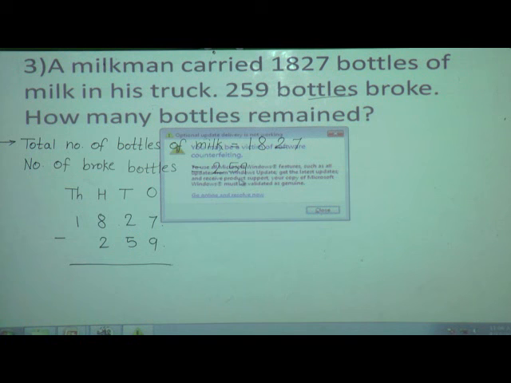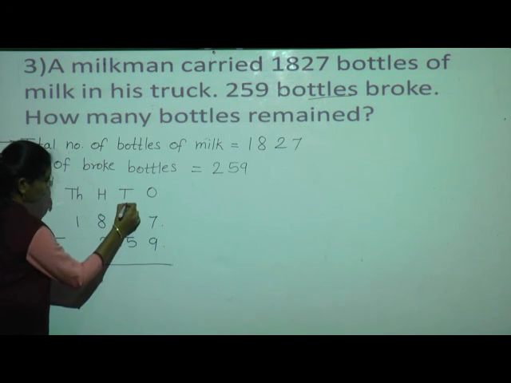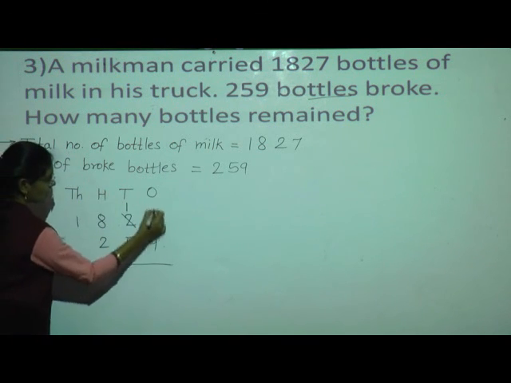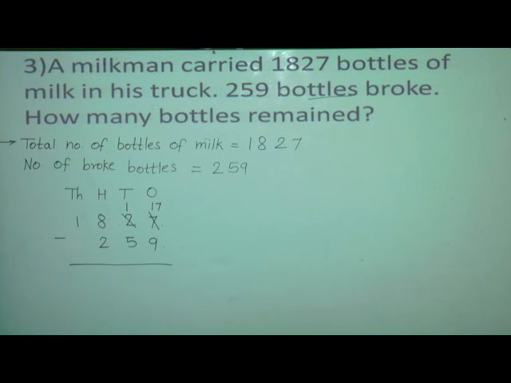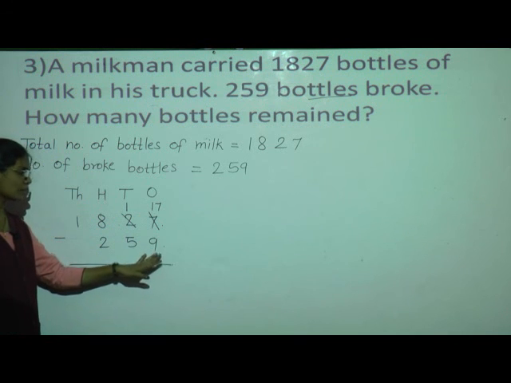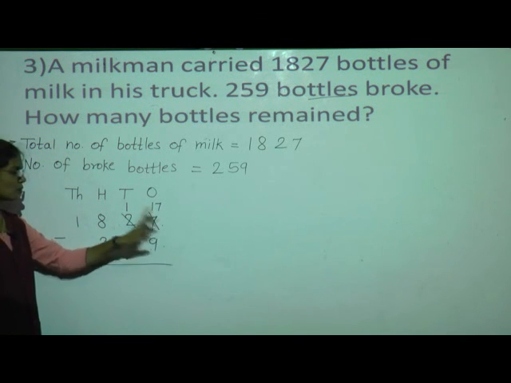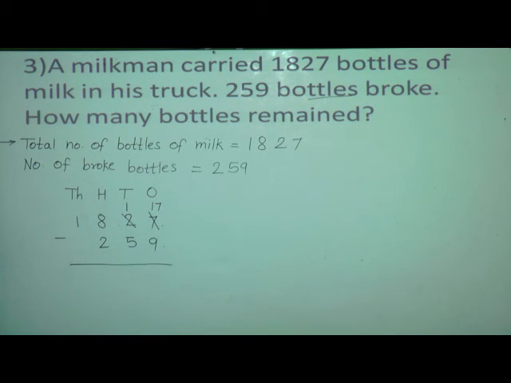So go to the tens place. Now tens has 2. So take one borrow from the tens place. 2 minus 1, here 1 will remain and this 7 will become 17. Do the subtraction now, 17 minus 9. After 9, count your fingers till 17. So 17 minus 9 is equal to what? Yes, 8.